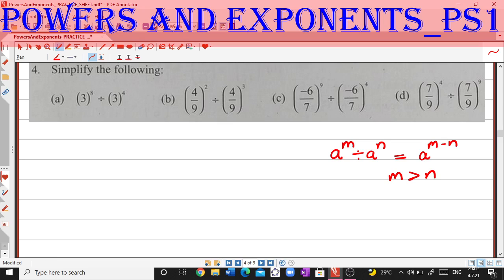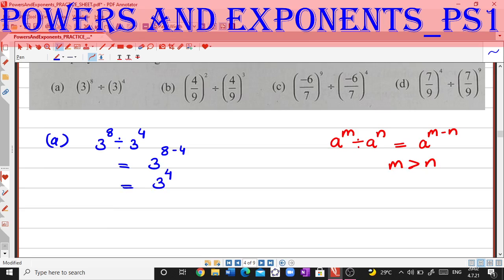Let's see how to apply this rule to the given question. So here it is, 3 to the power 8 divided by 3 to the power 4 will be equal to 3 to the power 8 minus 4, and it is equals to 3 to the power 4. Okay.